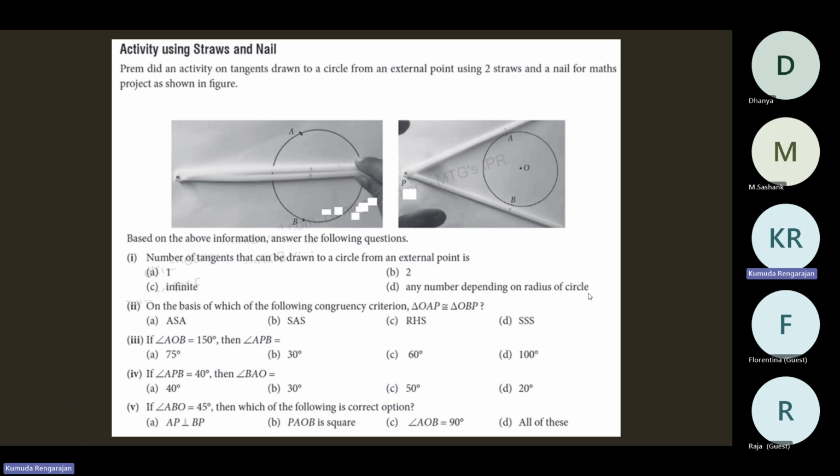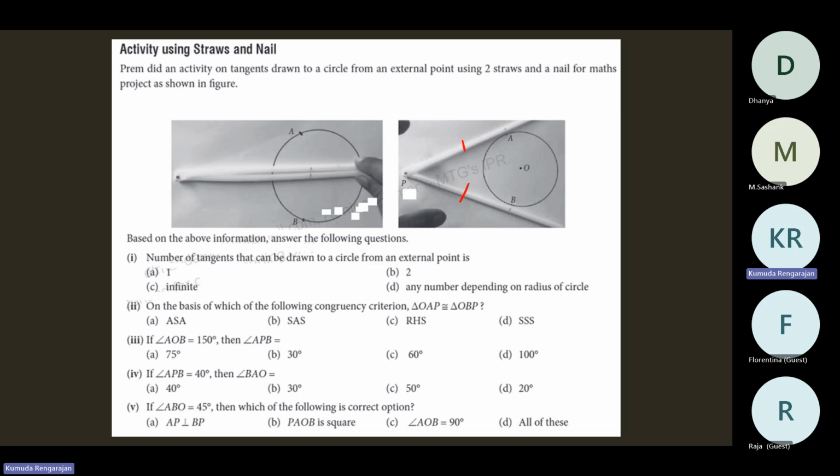And the criteria? Through this activity, we are trying to understand that the tangents are equal. So you cannot use PA equal to PB, because the activity itself is to understand that PA is equal to PB.